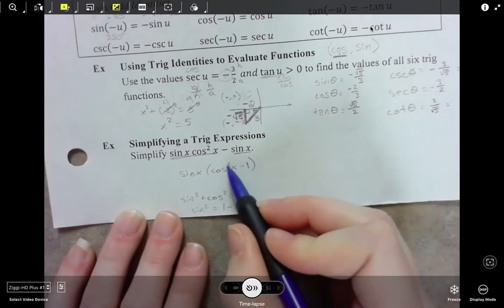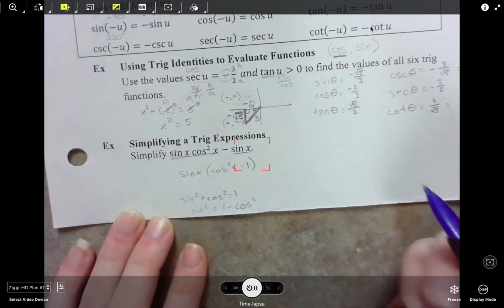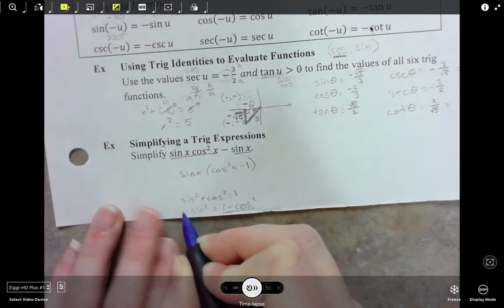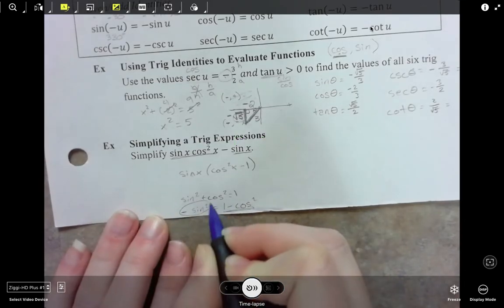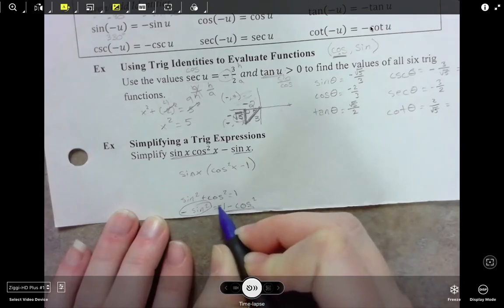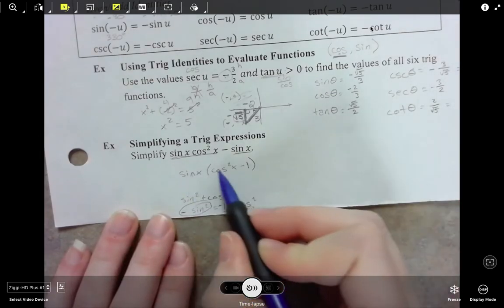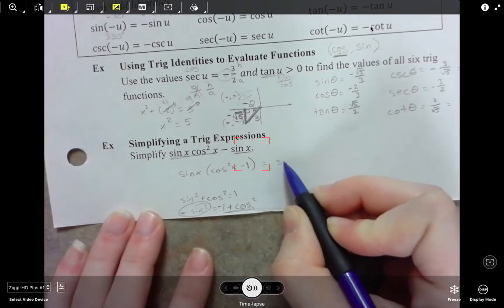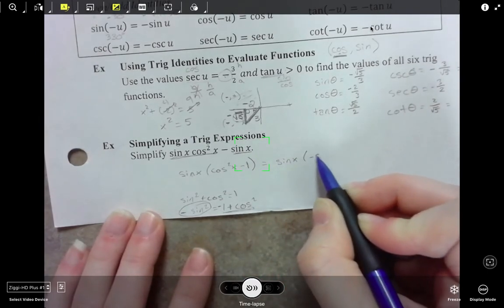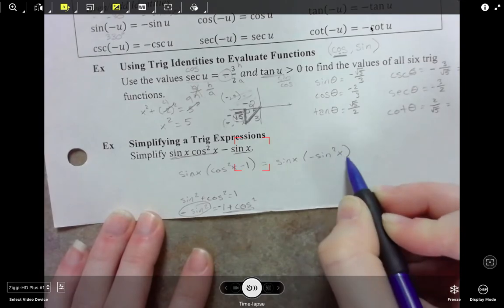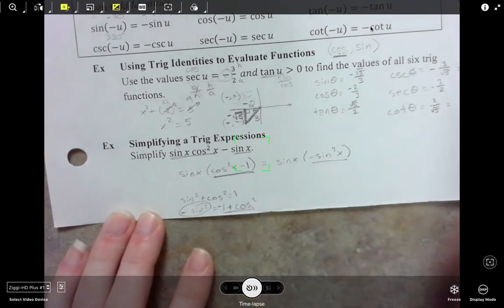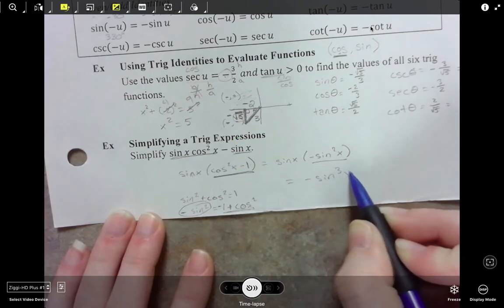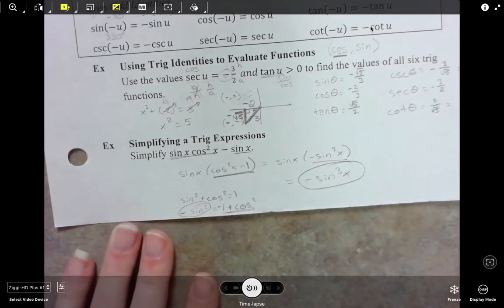But I want cosine squared minus 1. So this right here, flipped around, would make negative sine squared. If I flip those two around, that would be negative 1 plus cosine squared. So this can be replaced with negative sine squared. So I've got that sine on the front, and negative sine squared x is what this piece is. And when multiplied together, that gives me negative sine cubed of x, and that's my simplification.